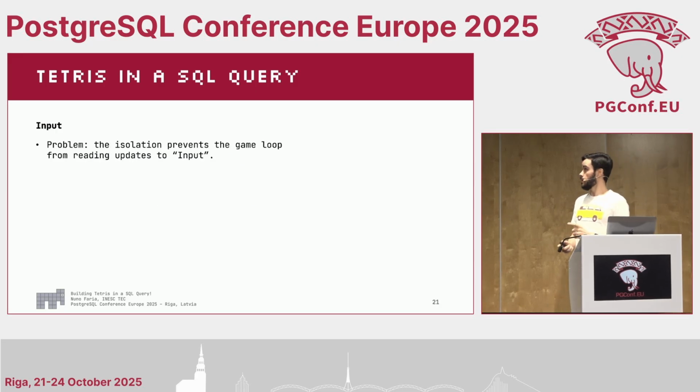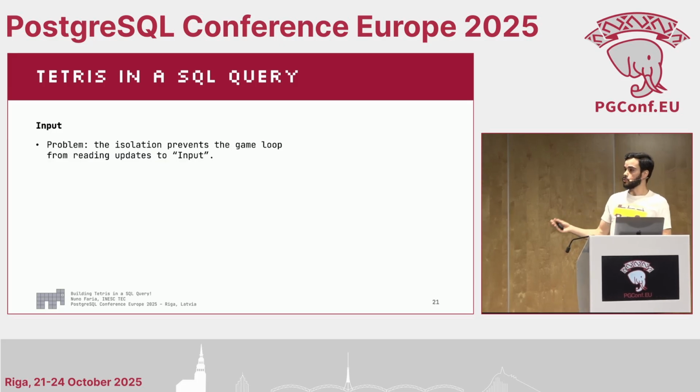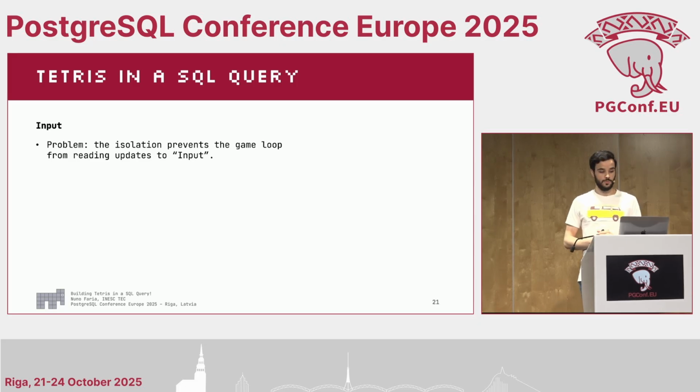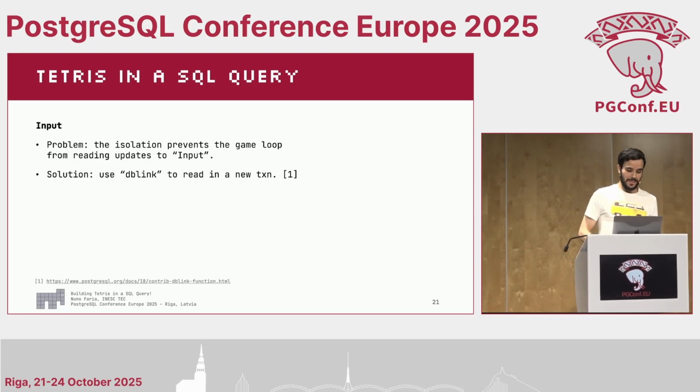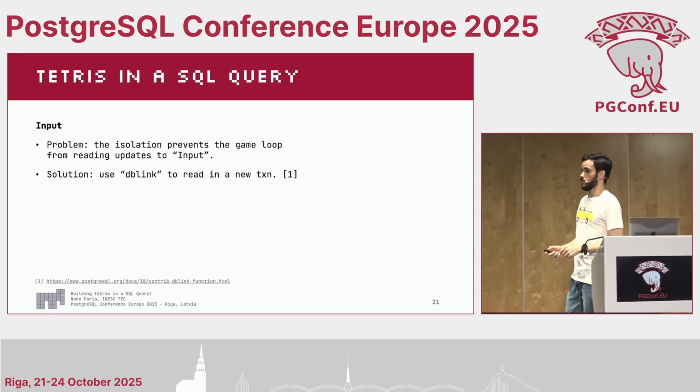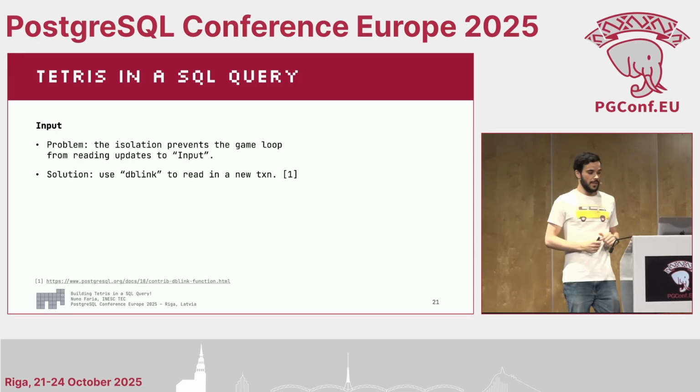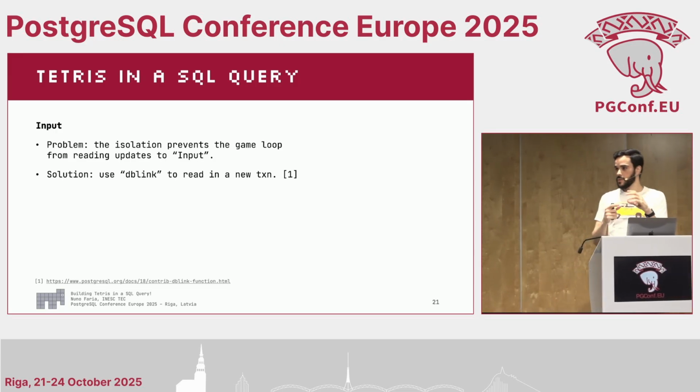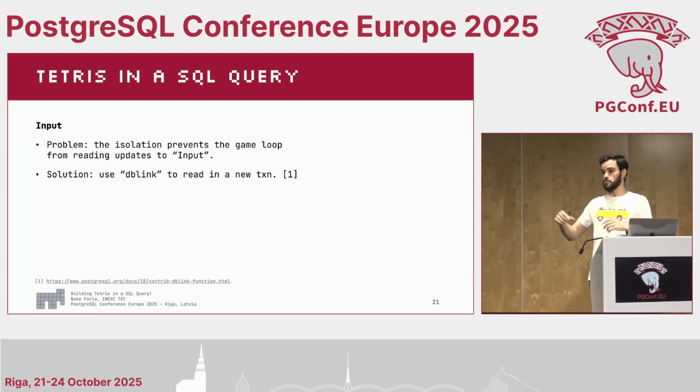But we're still not done, because due to that isolation slide that I mentioned earlier, our recursive CTE will never be able to read any new updates made to that table. But what we can do instead is use the dblink extension, which is built in, so it's not cheating. This extension opens up a new session. It's usually used to open a new session to a remote database.